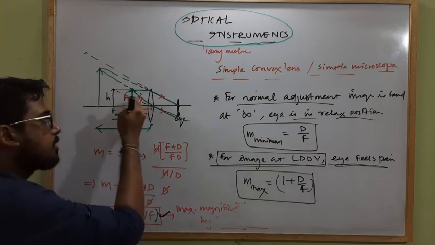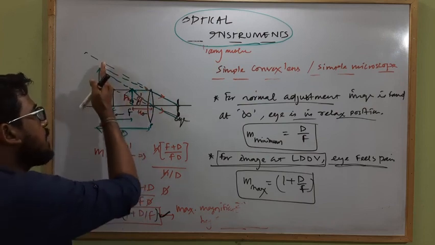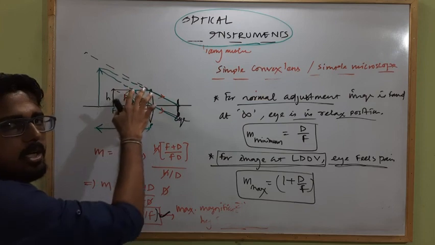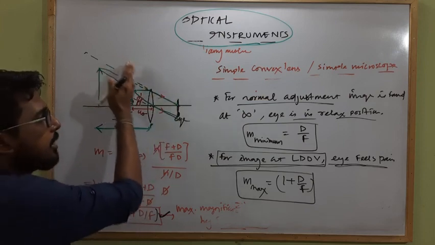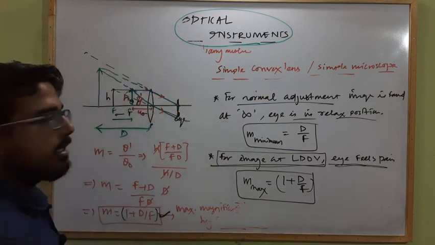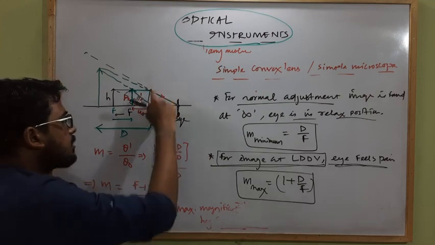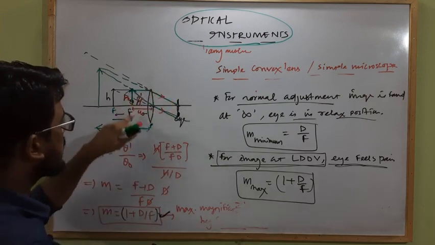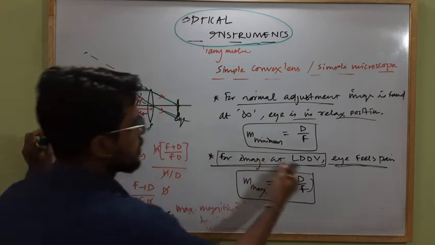No, because if we further decrease the object distance, the image itself will not be found at the least distance of distinct vision, so we can't see the image because the rays will not reach the retina. But if we further decrease the focal length of the simple microscope, that means here the focal length is f, so the magnification will be this much.